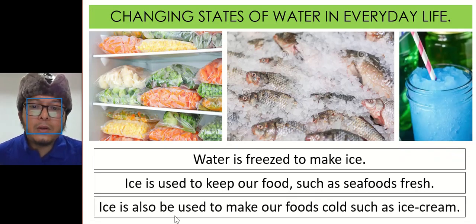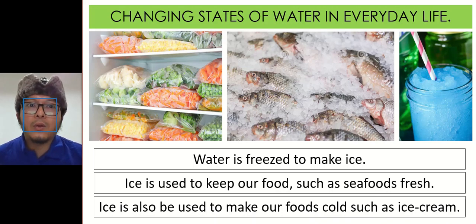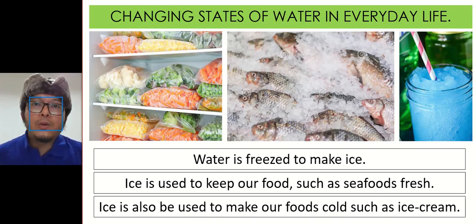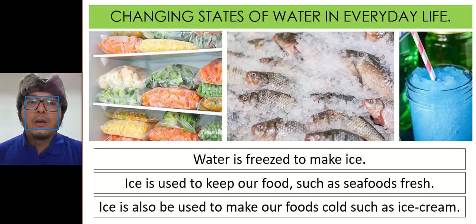Ice is also used to make our foods cool, such as ice cream or slushies, or your drinks. So they use ice that is made in the refrigerator and use it in our food and drinks.